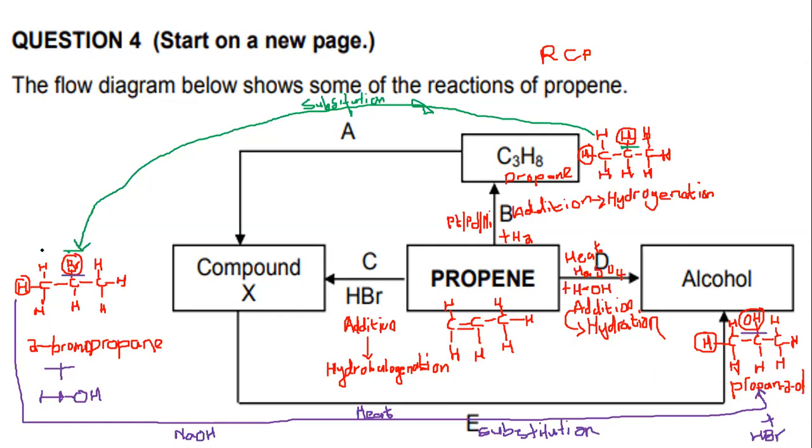Then we substituted with a bromine atom. In other words, there is another one that they haven't shown us, and that must be bromine. But is it one bromine atom? No, my dear learners. Remember, bromine is diatomic, so it must have been Br2.